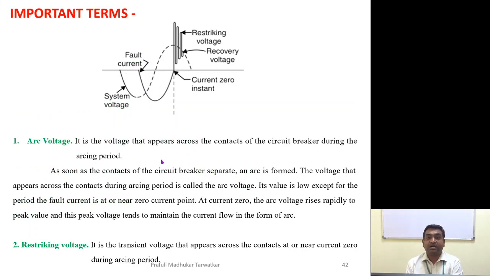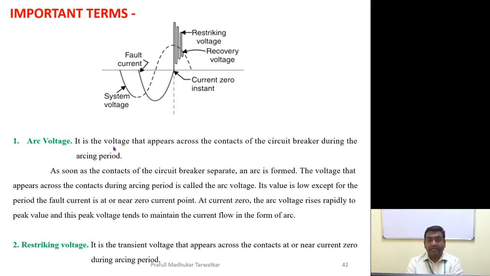Now the terms which are important in relation with the arc. Let us have a look over this graph. Here you are seeing the basic system voltage waveform, fault current waveform, then two different terms called restriking voltage and recovery voltage. Let us discuss them in detail. The first definition related to this arc phenomenon is the arc voltage itself.